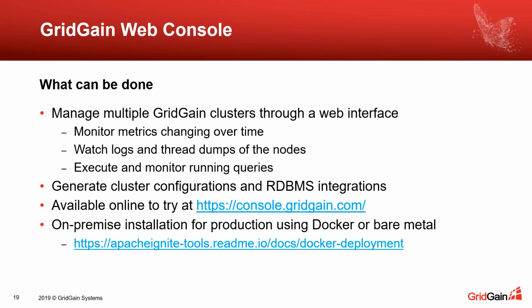And for production use, you would probably want an on-premises installation, which can be easily done using Docker or even bare metal, and it is all explained in the documentation.